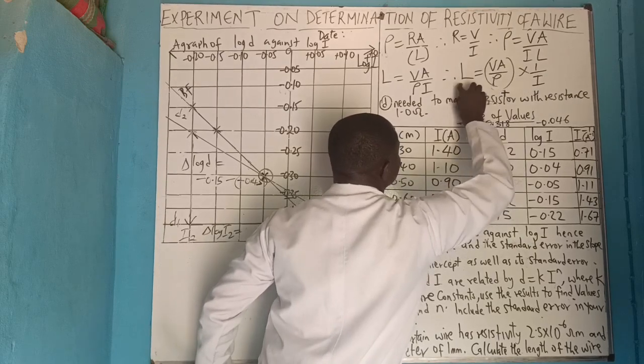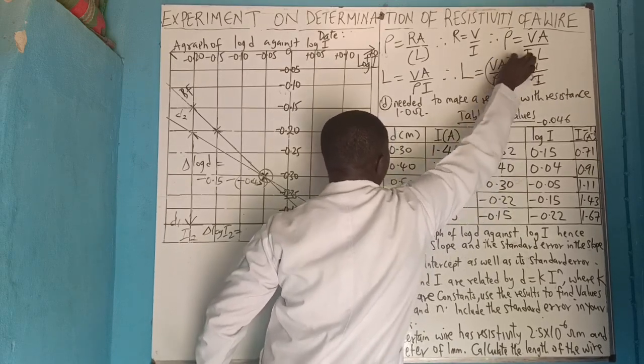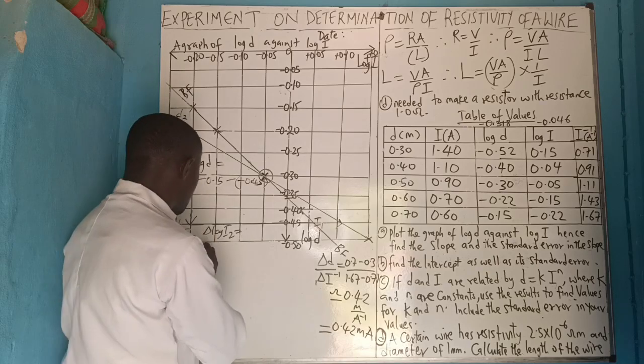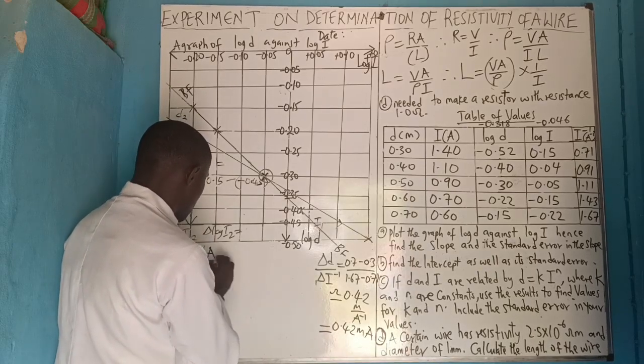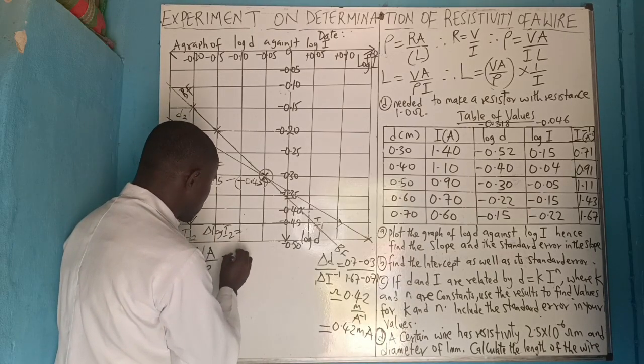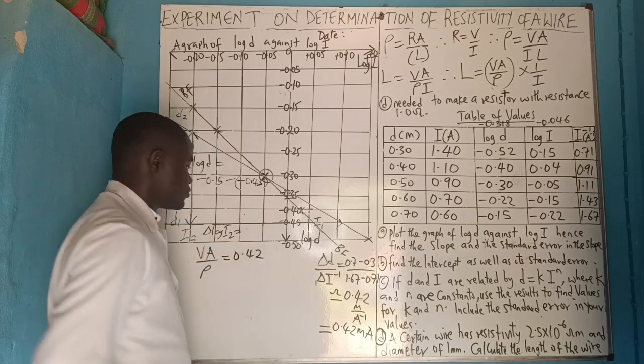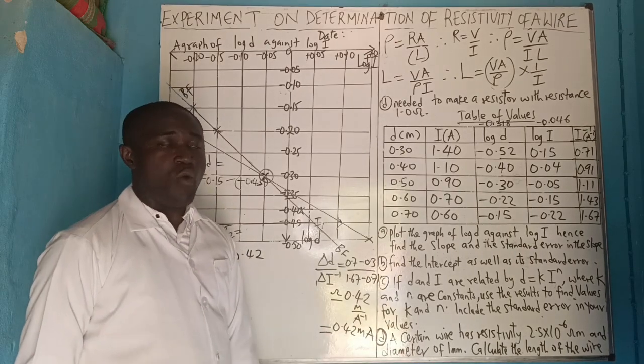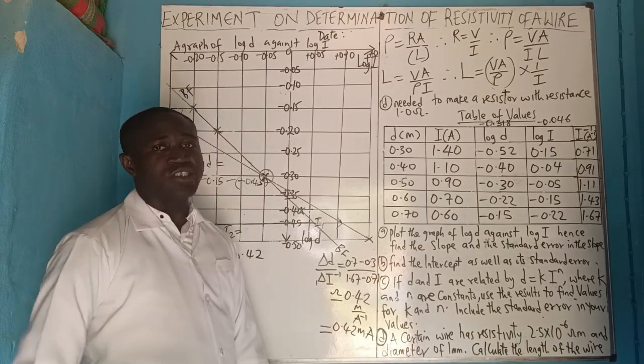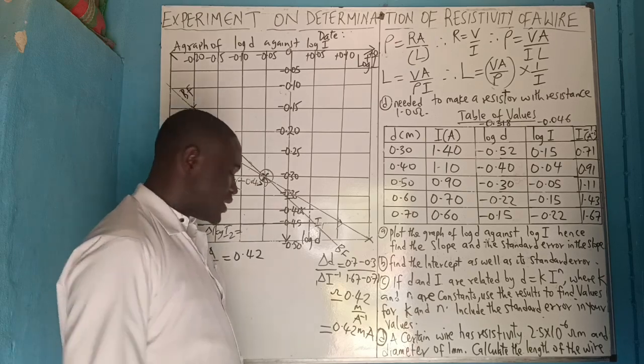That means whatever you get will be your slope. Okay, equate your VA over resistivity to 0.42. If you get 0.41, stay in order. 0.40, stay in order. Are you getting it?